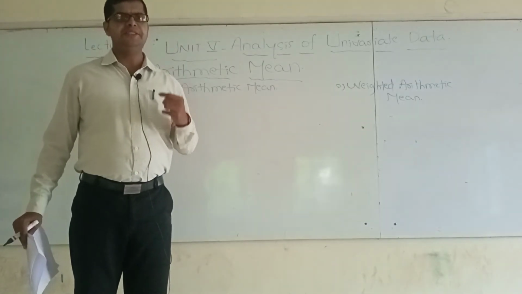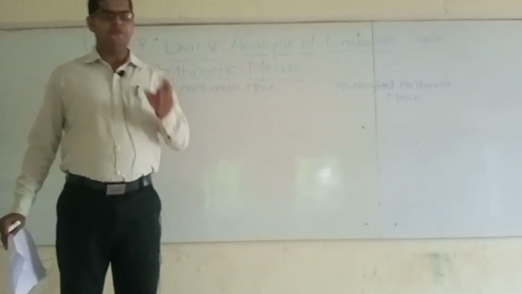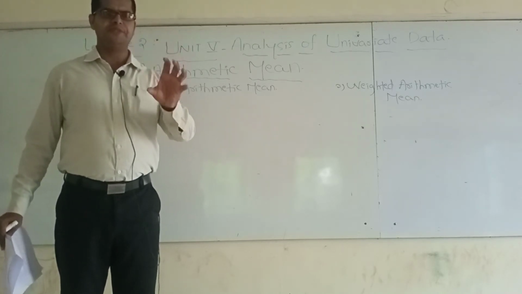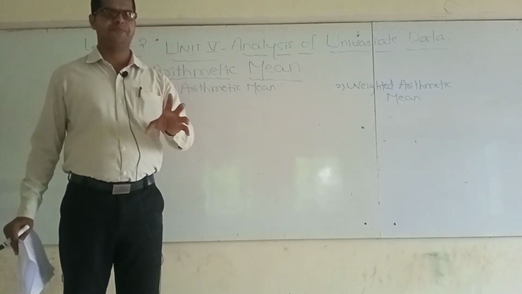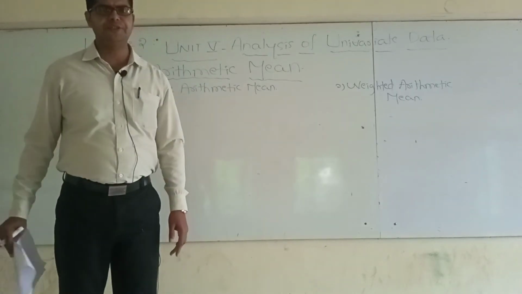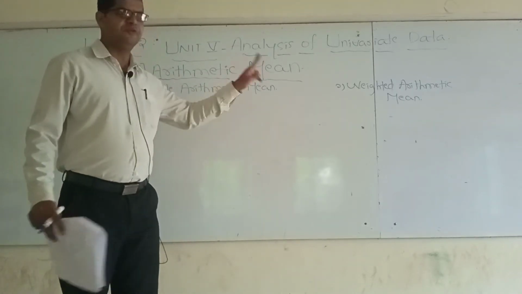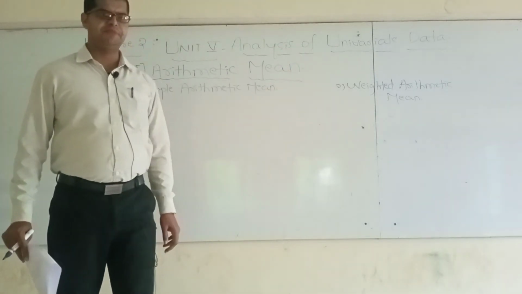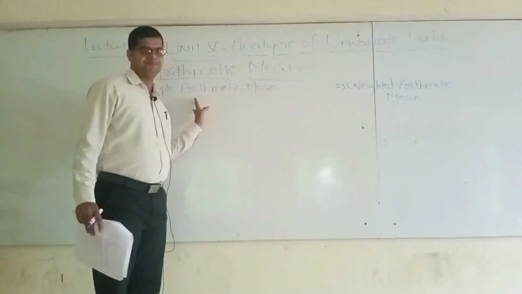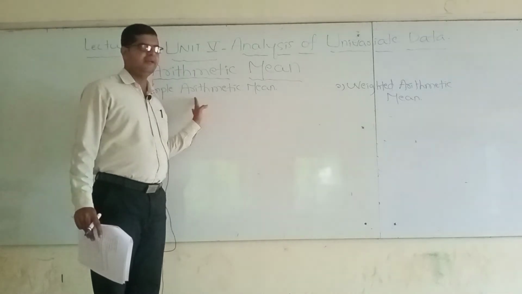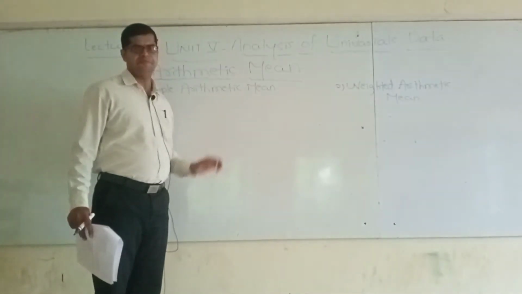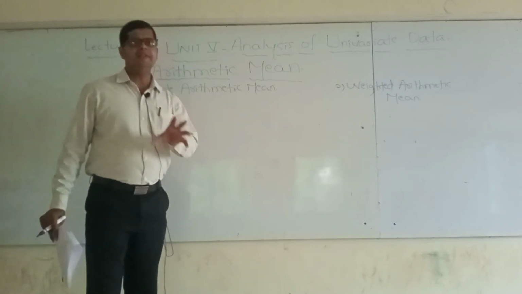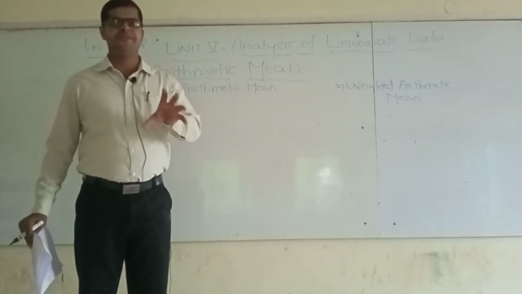While calculating the mean, we consider all single observations. Later I will give you the meaning and definition, but for the time being I am differentiating simple and weighted arithmetic mean. This is the arithmetic mean where we calculate the average by observing all the observations, all the data in detail.